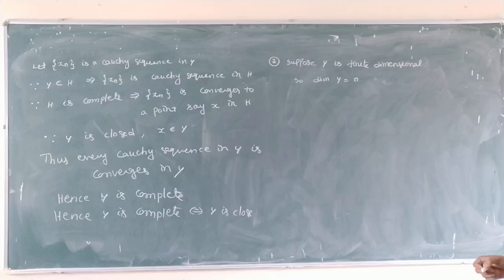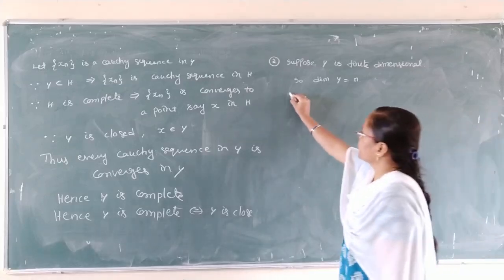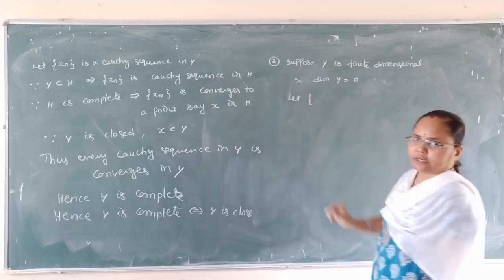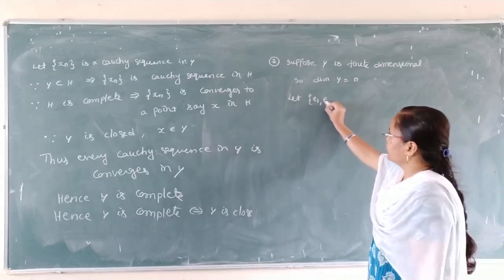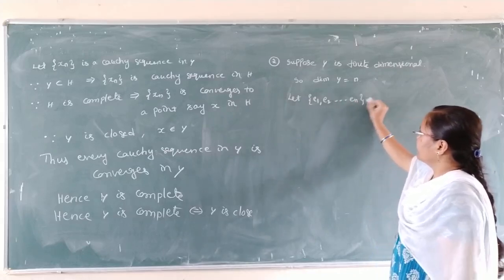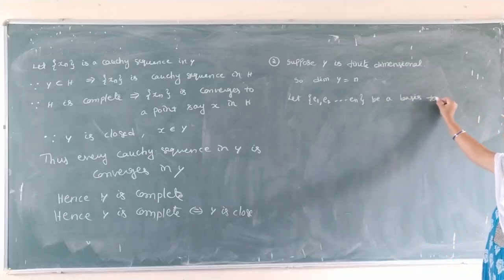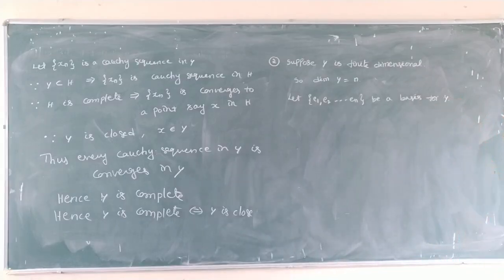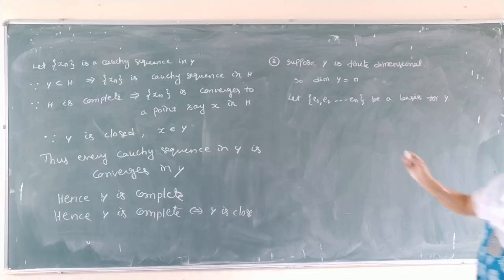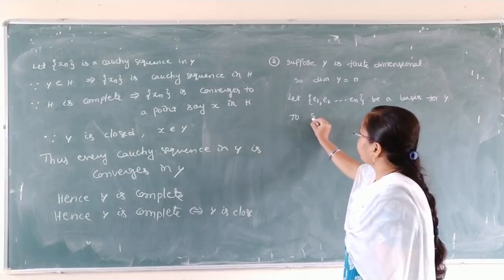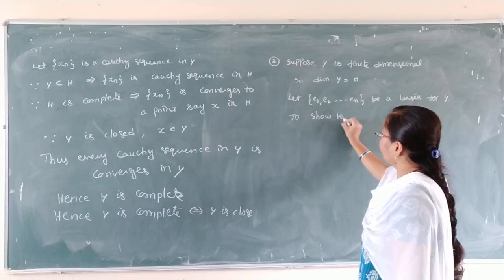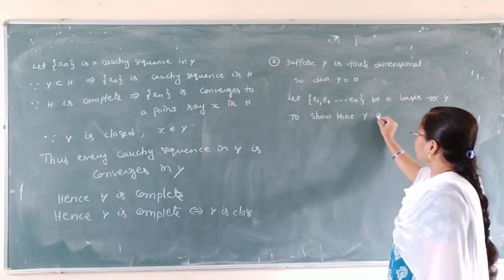So here Y is finite dimensional, so there exists a basis for Y. Let E1, E2, and so on, En be a basis for Y. Now we want to show that Y is complete.